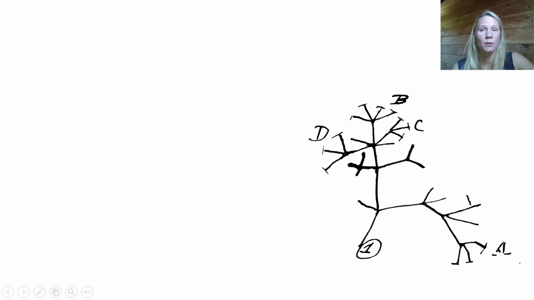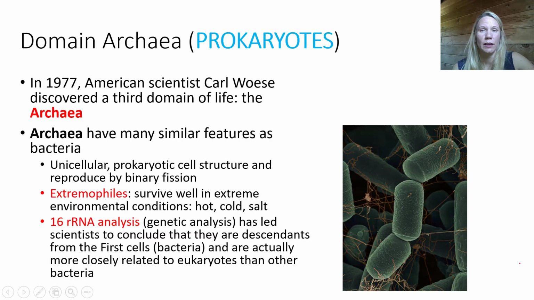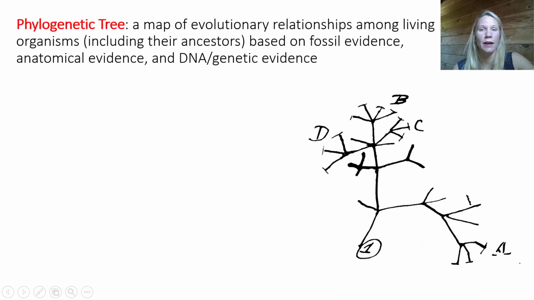So one of the things we do in evolutionary biology is we put together something called phylogenetic trees. Charles Darwin sketched here in his notebook the very first phylogenetic tree. We define it here as a map of evolutionary relationships among living organisms, including their ancestors, and it's based on fossil evidence, anatomical evidence, and DNA or genetic evidence.